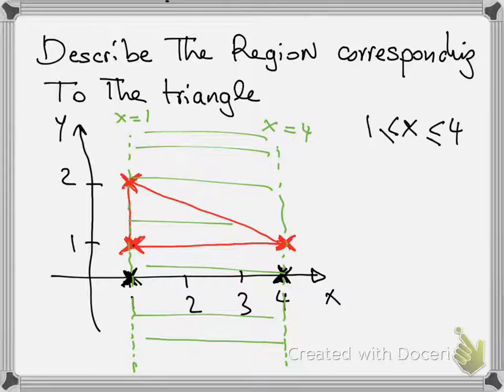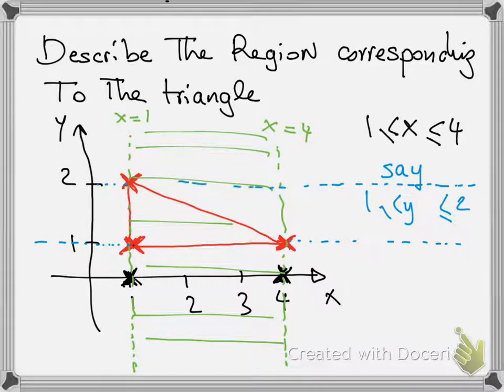Now what about y? Well, the height y here is 1, and here it's 2. If you say y is between 1 and 2, it means the region between the lines y equal to 1 and y equal to 2, this blue region.